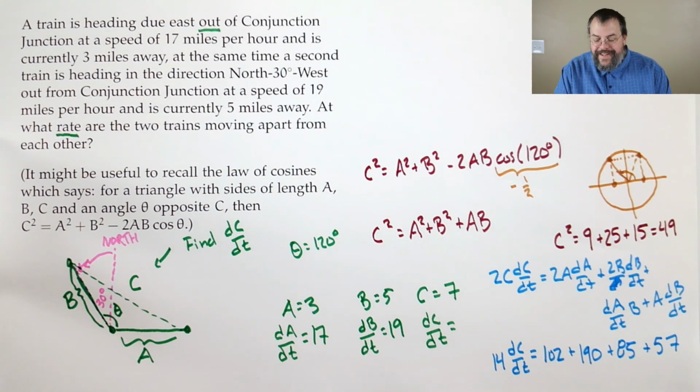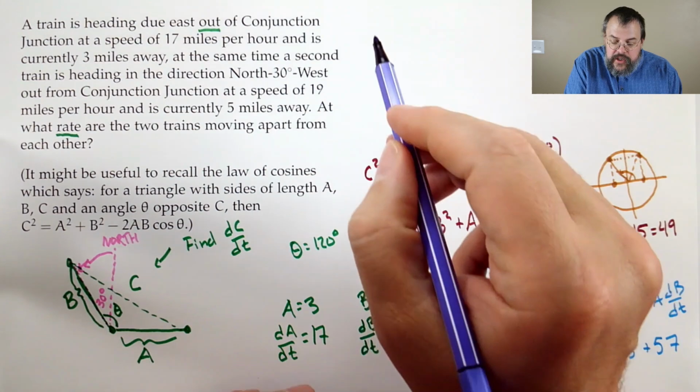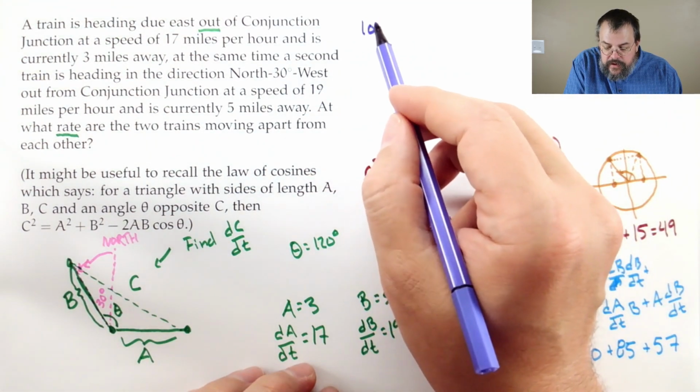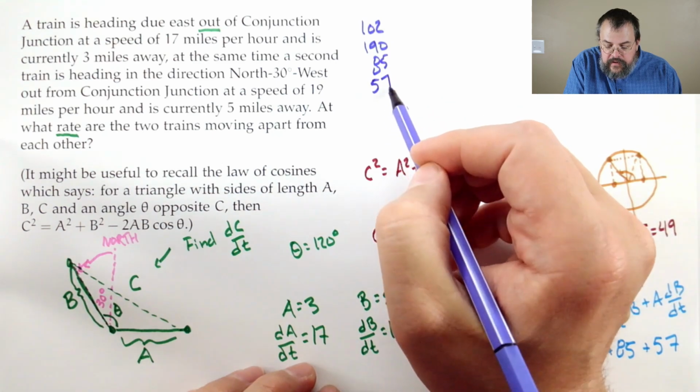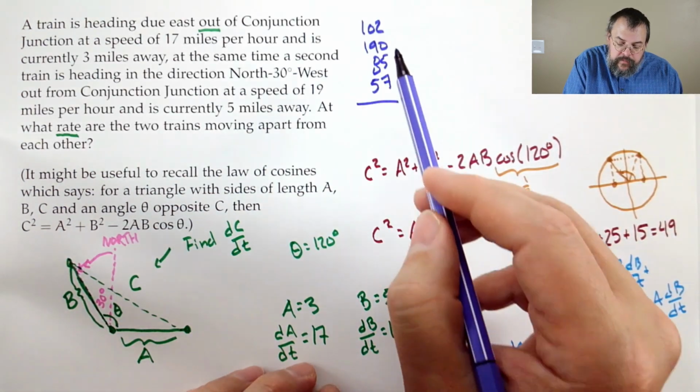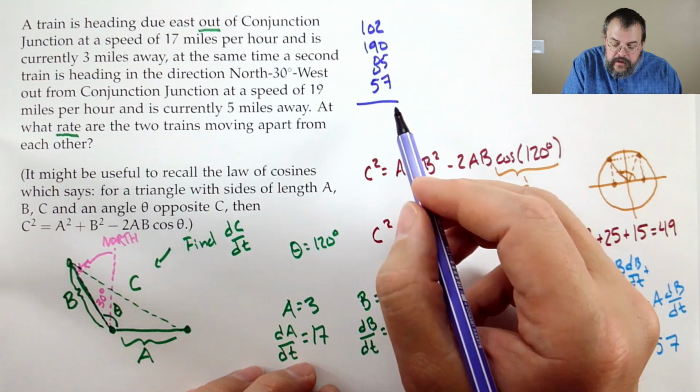That's what it is, right? Well, what is that? I'm hopeful that they gave us some nice numbers. So we'll do a little bit of computation. We have 102, 190, 85, 57. We'll add these up. 2 plus 5 plus 7 is 14.